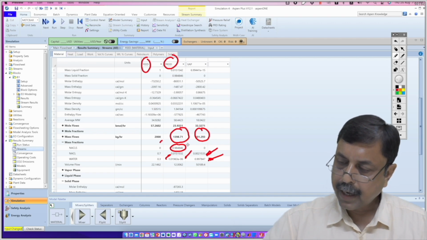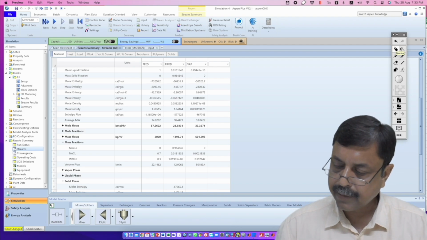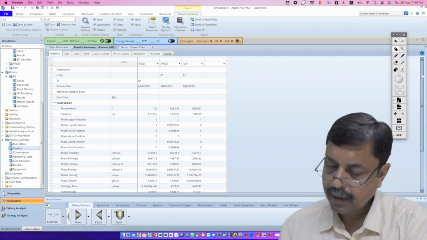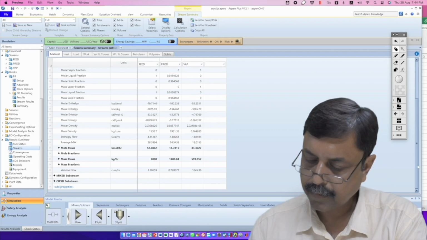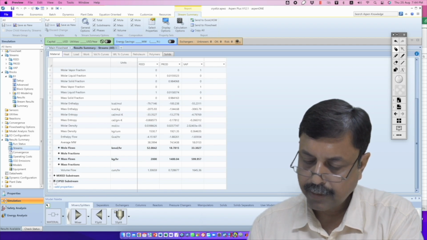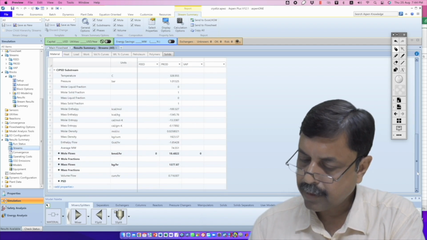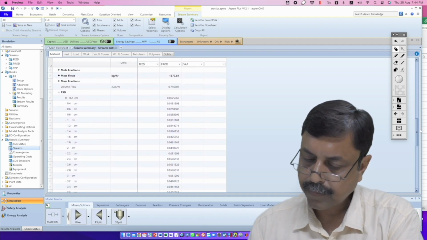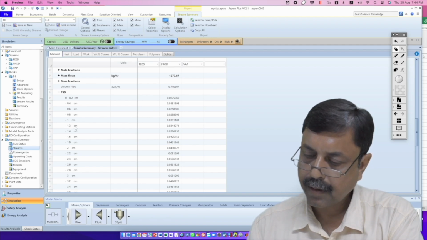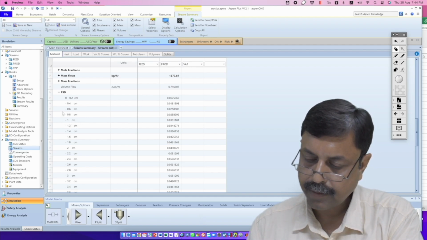Okay. And if you want to see the particle size distribution, then we go to the stream and you will find both mixed substream and CL-PSD substream. Here you can see the CL-PSD substream, and here you get the PSD. So this is the PSD you have, 0.2 centimeter, it is like this, 0.4 centimeter.